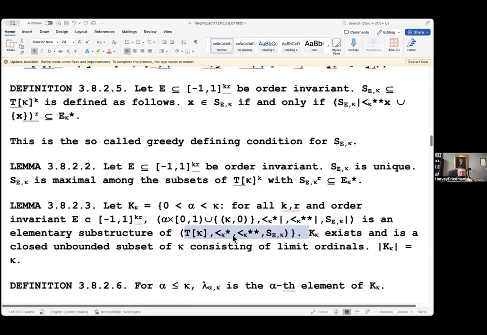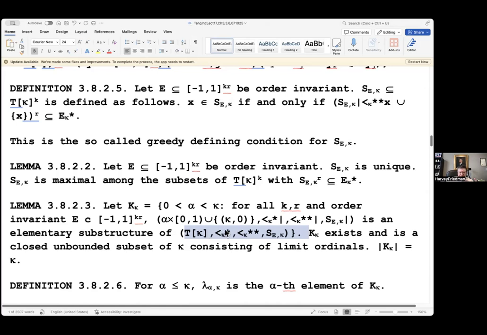we're looking at the alphas for which when you cut everything down, at least you cut this part down. You have to keep this because otherwise it can't be an elementary substructure. See, this kappa_0 is said to be the greatest element in this order, the right endpoint of this ordering.